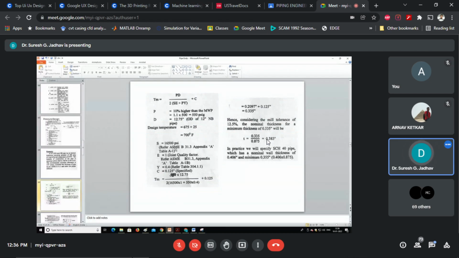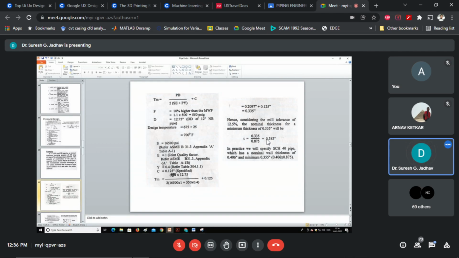Here we referred to ASME B31.3 Appendix A, Table A1. Another is the joint quality factor. We consider 1 as per ASME B31.3 Appendix A, Table A-1B. From this table, we pick the value of the joint quality factor, that is 1.